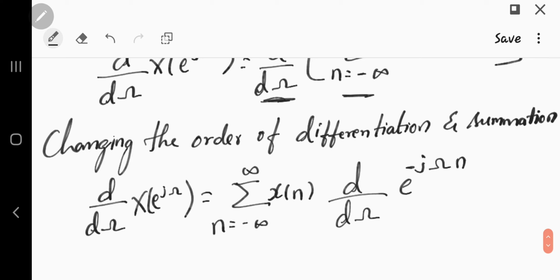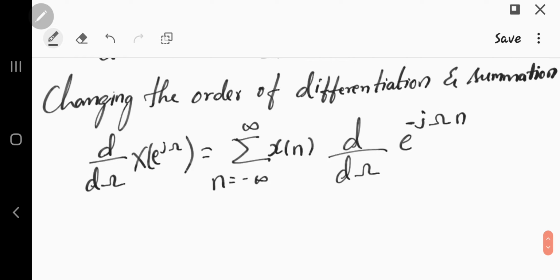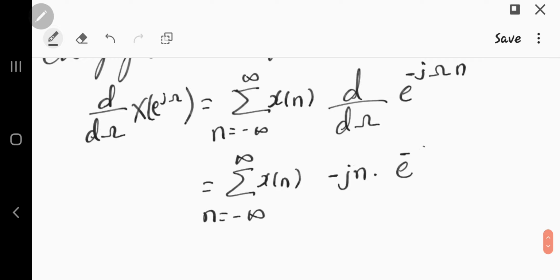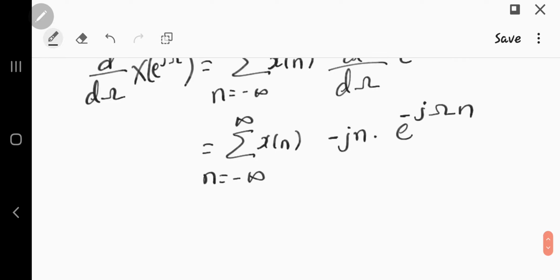Now if we perform differentiation of this term with respect to omega, what do we get? We get the summation from n equals minus infinity to plus infinity of x of n, and for e power minus j omega n, the derivative is minus j n into e power minus j omega n. So this is the differentiation of this.